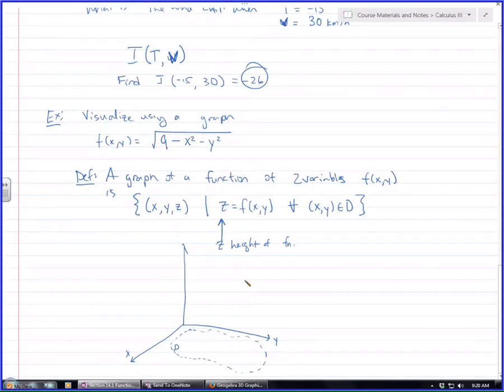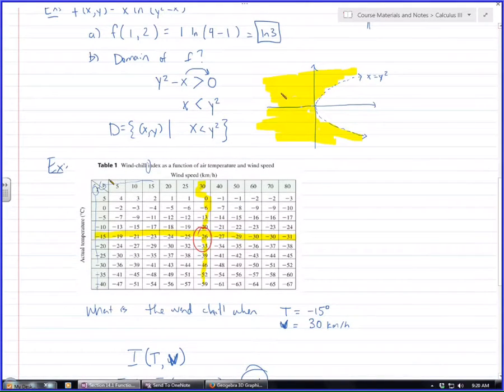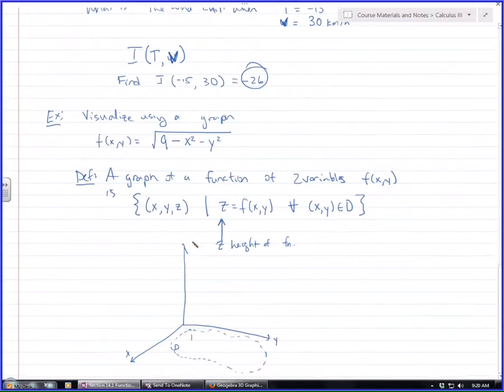So that's like the domain of the function. So we've got a set of points down here that we're allowed to plug in. That set of points may look like this kind of round oval looking shape. It may look like this shape up here, where you're allowed to plug in points.